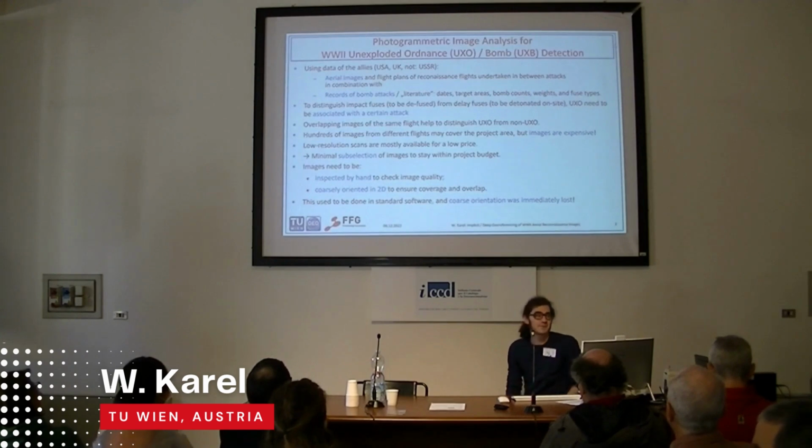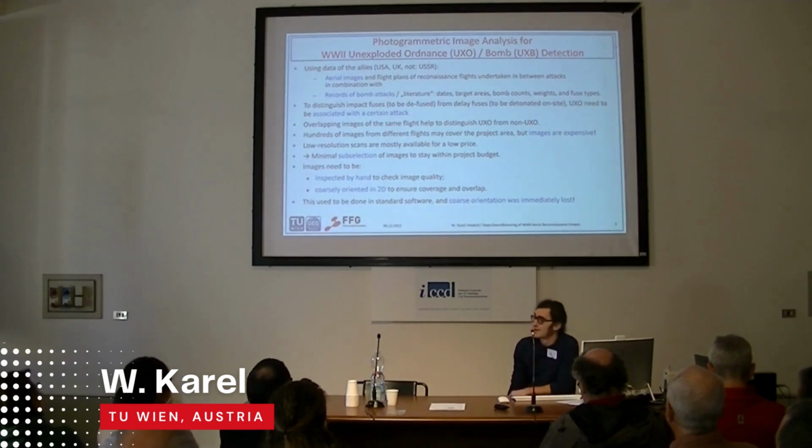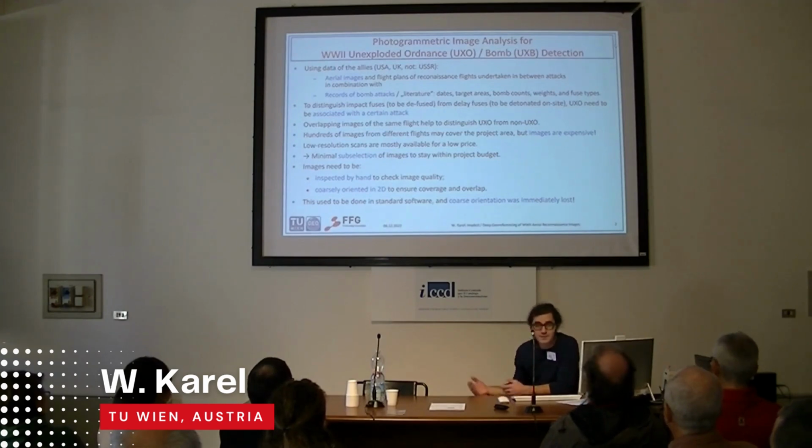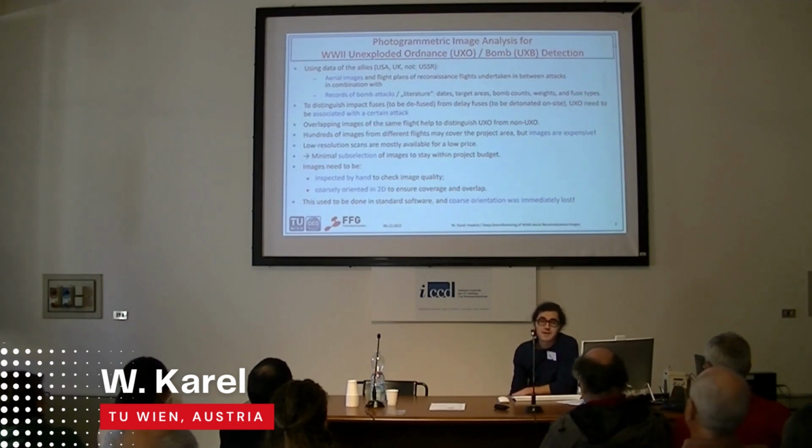So maybe not all of you know how this generally works. For detecting unexploded ordnance, usually one starts with photogrammetric analysis, just because it's the cheapest way of finding out if there is no risk at all.